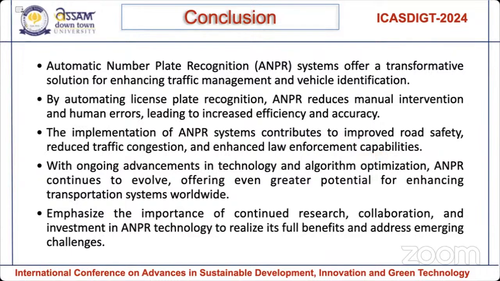With ongoing advancement in technology and algorithm optimization, the system continues to evolve, offering even greater potential for enhancing transportation systems worldwide, emphasizing the importance of continued research, collaboration, and investment in this technology to realize its full benefits and address emerging challenges.